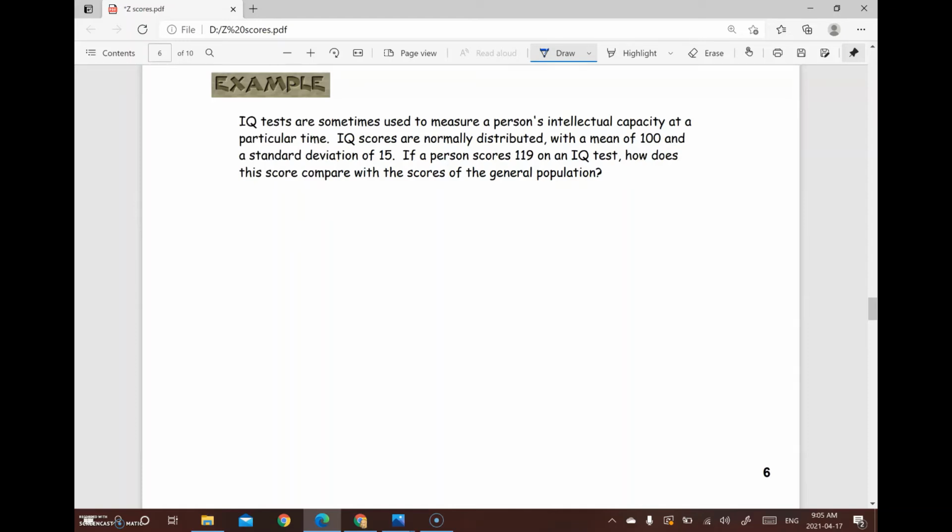I'm going to draw my picture. It's not necessary, but I do like to relate it back to my last slide, a normal distribution. So each 15 is a standard deviation, so if I go above, I have to add on 15.